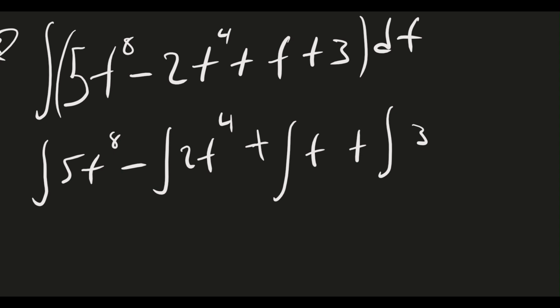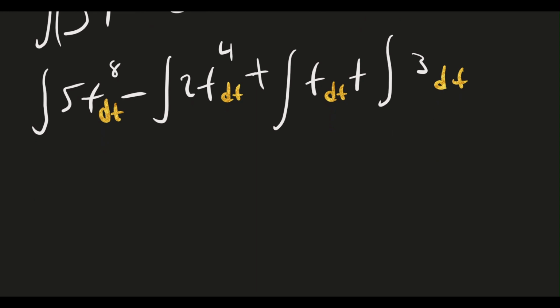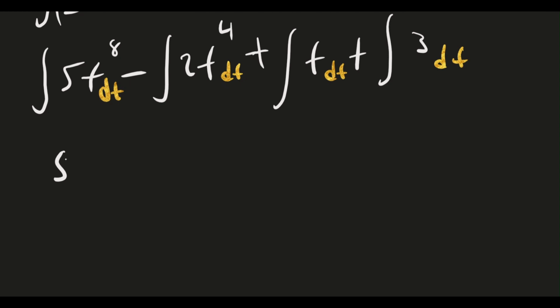And don't forget to add a dt to each. So now as you can see, we have separate integrals. We can use the power rule on the first one. That is going to give us 5t raised to the power of 8 plus 1 over 8 plus 1.